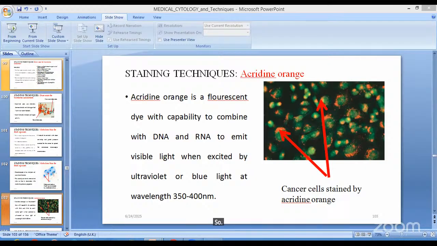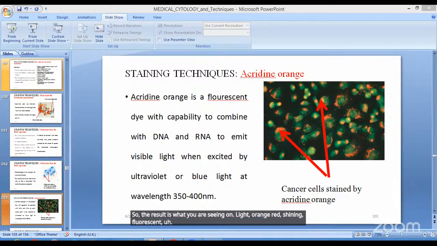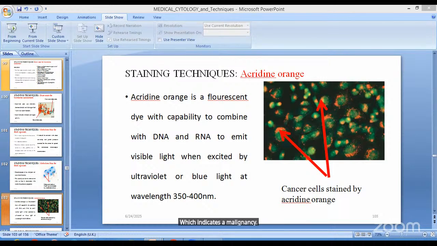So the result is what you are seeing on the slide: orange red, shining, fluorescent cells, which indicates malignancy or presence of genetic material, RNA, DNA.